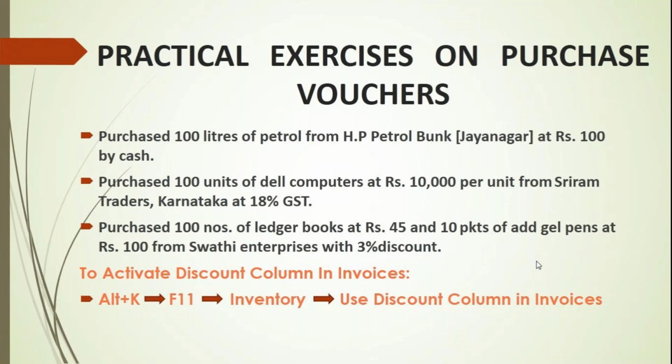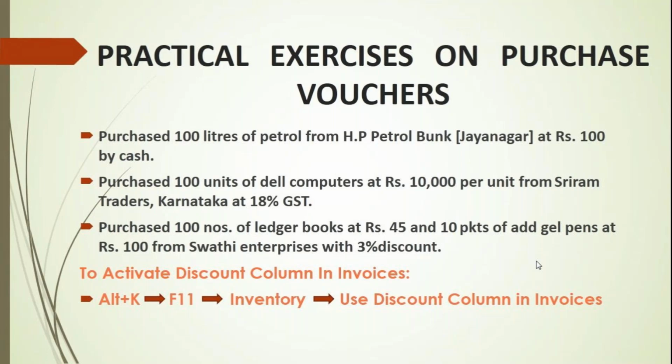So here 100 liters of petrol are being purchased from HP Petrol Bunk. HP Petrol Bunk is situated in Jayanagar at rupees 100 by cash. Now here we have to observe this transaction very carefully. Petrol is being purchased from HP Petrol Bunk. So how do we record this entry in a purchase voucher?